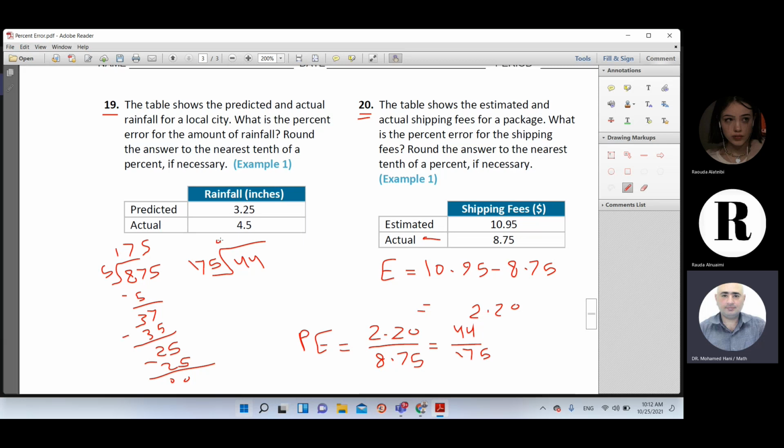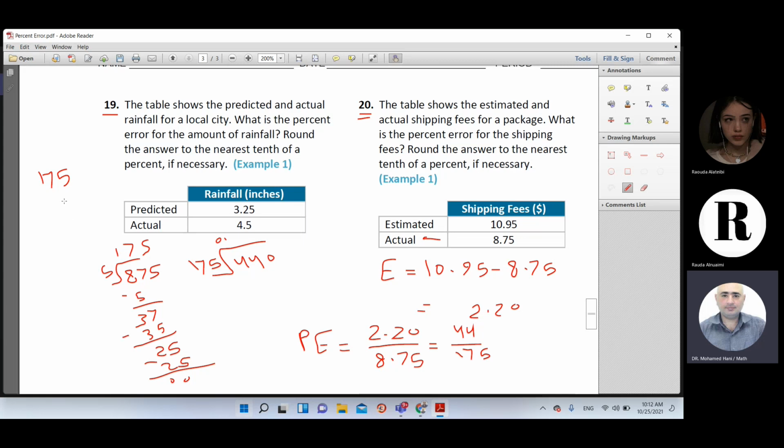So we can do long division. We can put here 0 point and put here 0. Yes. Then we want to try to find a number multiplied by 175 equal 440 or nearest.